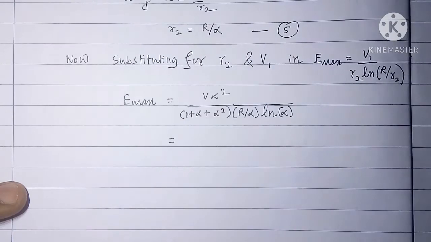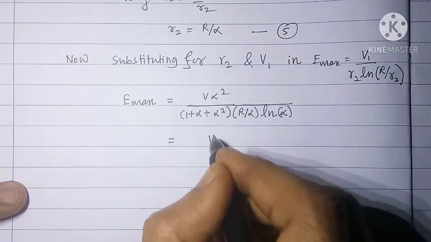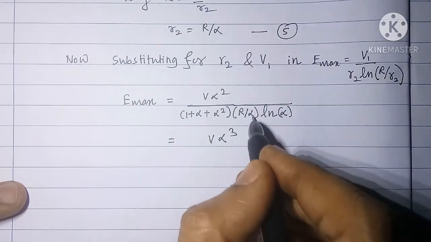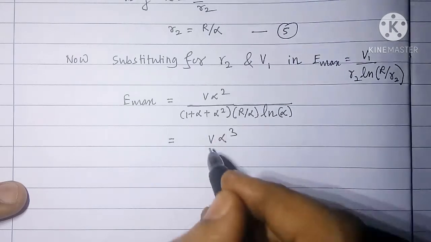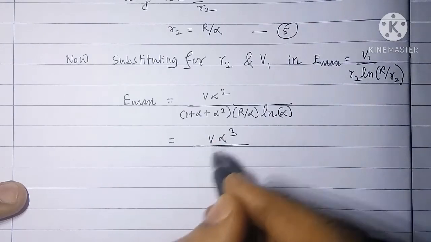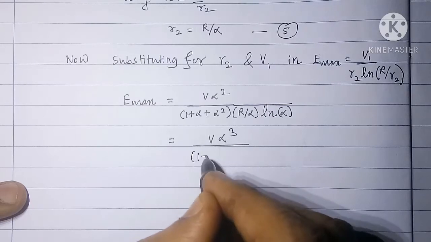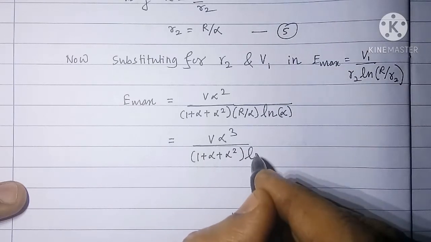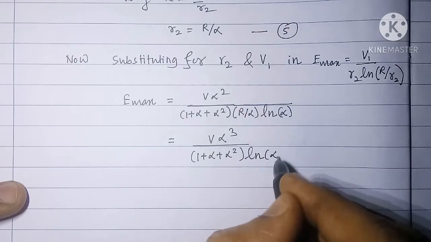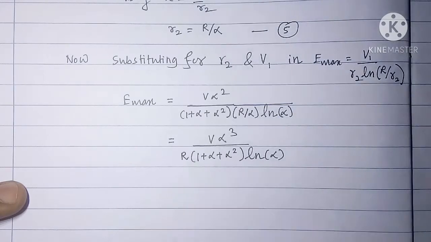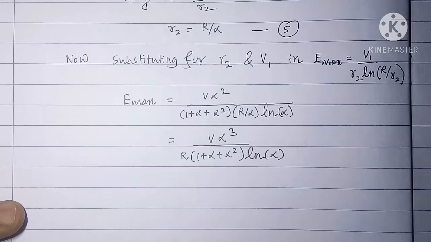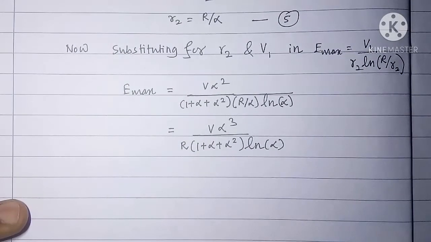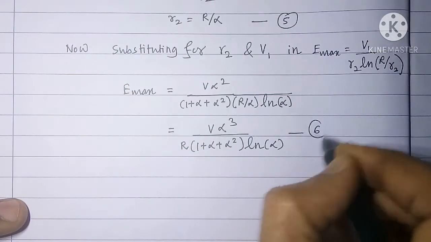This in turn may be written as V into alpha cube. I will take this alpha to the numerator so that it will become V into alpha cube into (1 plus alpha square) into ln of alpha into R. Now let us call this equation 6.